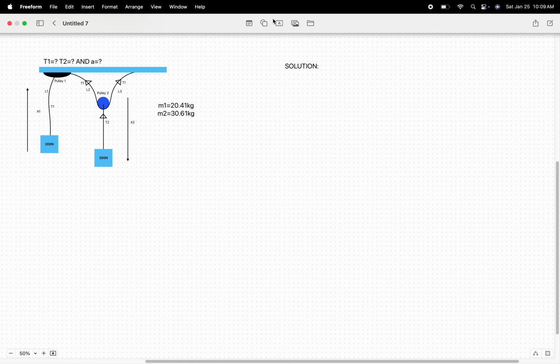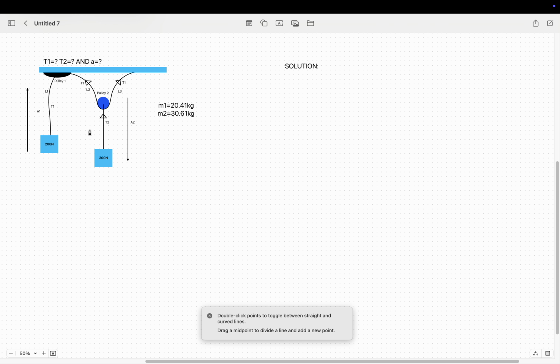we have to get our tension directions figured out. The object's weight is directed downwards, so the tension will be directed upwards.